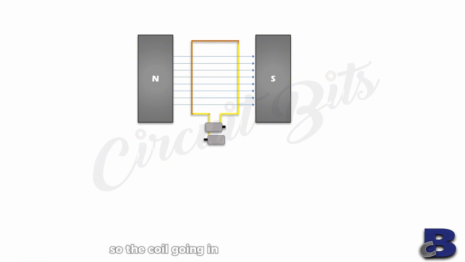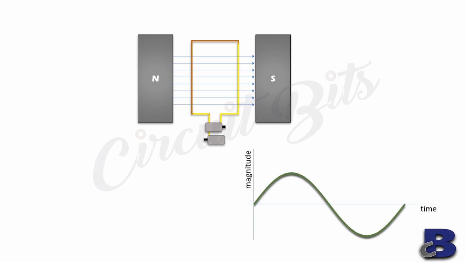The coil going in this direction outwards will experience a current flow in this direction, and the coil moving in the opposite direction experiences a current in this direction. So the continuous rotation of this coil gives us a continuous flow of current, hence electricity, represented by this waveform, which is referred to as a sine wave, and the voltage and current generated are described as alternating.